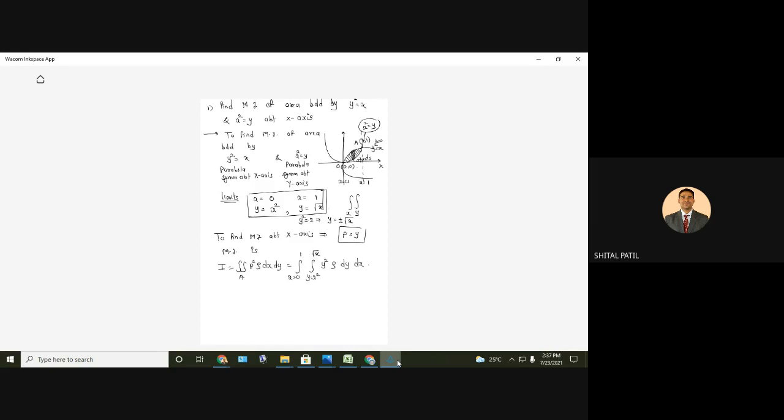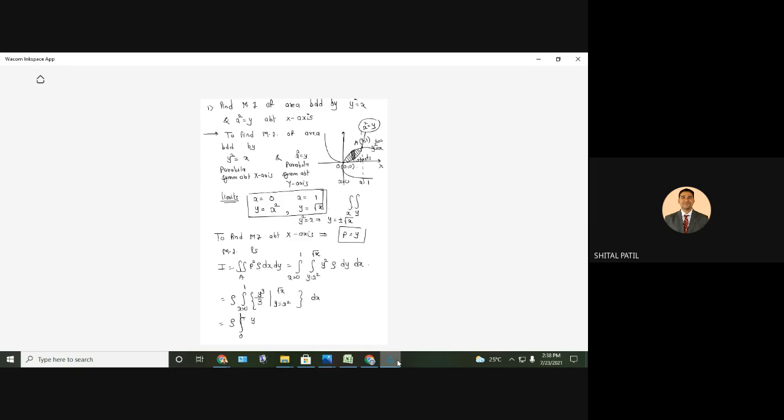Integrate with respect to y, rho is constant outside, x equal to 0 to 1, integration of y cube divided by 3. Rho, 0 to 1.